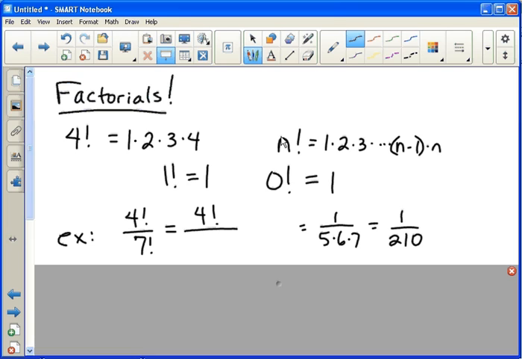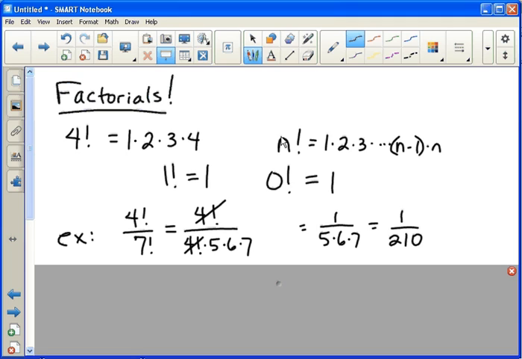And 7 factorial, I'm going to write as 4 factorial times 5 times 6 times 7. Because remember that 4 factorial covers 1 through 4 for me. And I know 7 is going to have 1 through 7, so it has 1 through 4, and then 5, 6, 7. So then I can just cross out the 4 factorials, and I just get 1 over 5 times 6 times 7, which is what I had, and I still get 1 over 210.